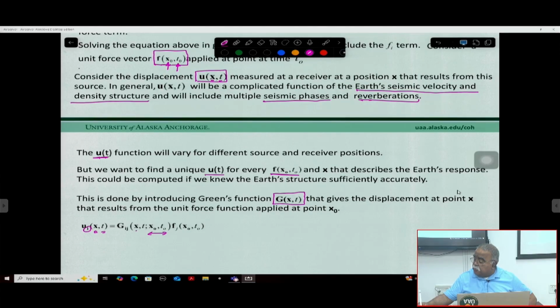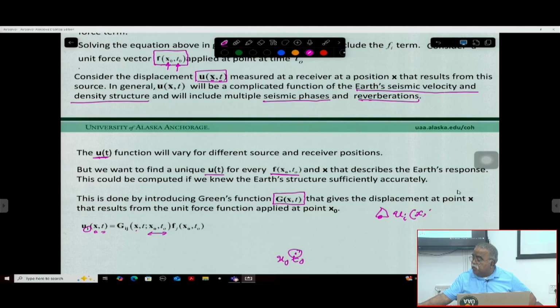So that means here it is x0 and t0, that means the origin, and this is the point where it is the recording site, and this is what we are seeing as u i, x and t.